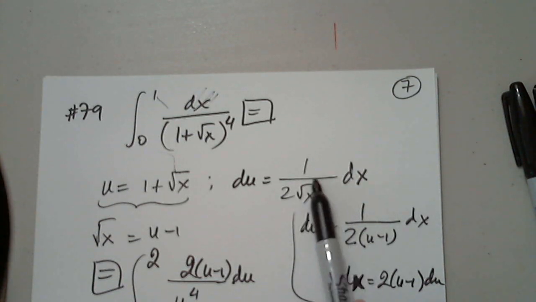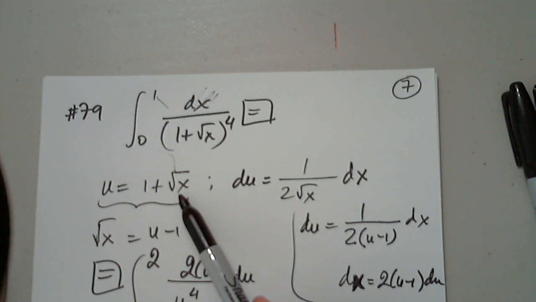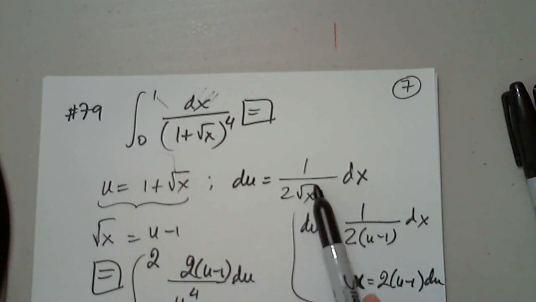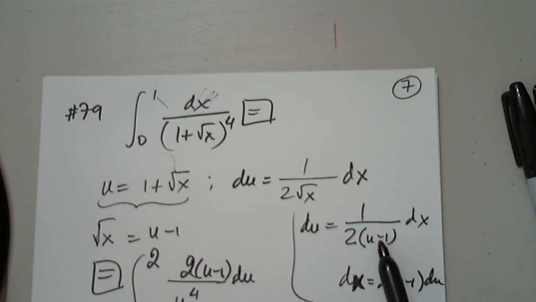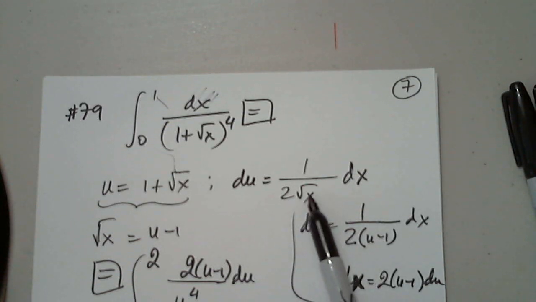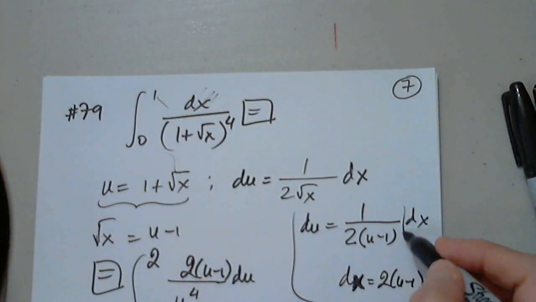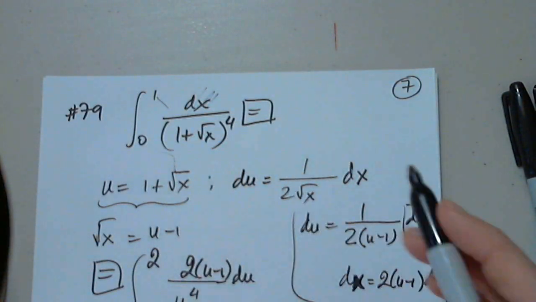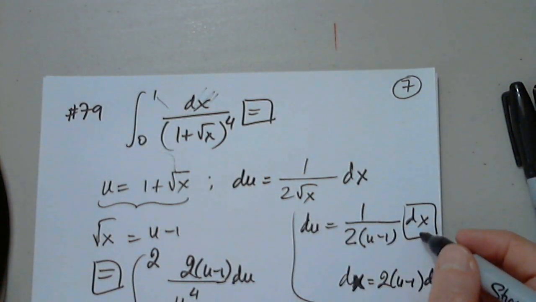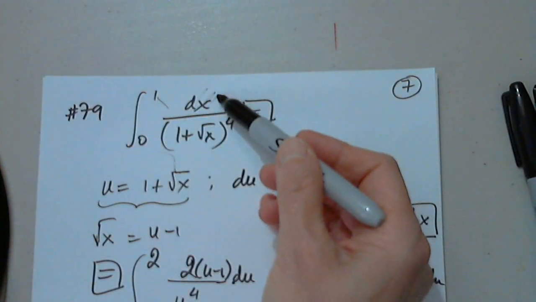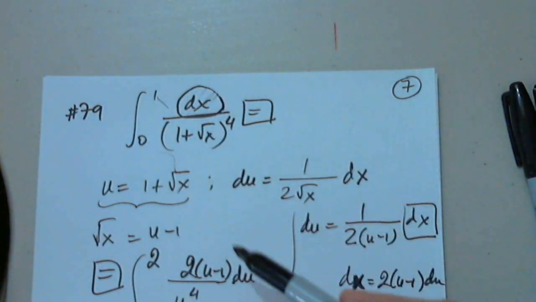So I had to get rid of this somehow. No problem. I move 1 to the other side, so the square root of x is u minus 1. So this piece was u minus 1. The 2 stays, u minus 1 is here, dx is dx du. So then now I'm solving. Here I have no choice. I have to solve for dx, multiplying both sides by 2 times (u minus 1). So then dx is 2 times (u minus 1) du. So I replaced this by this.